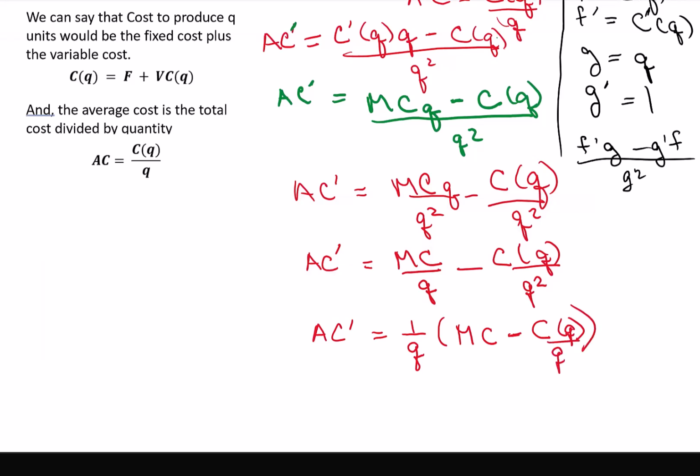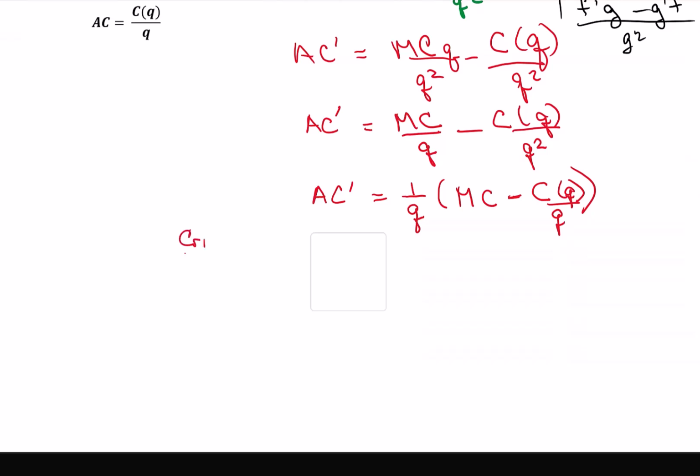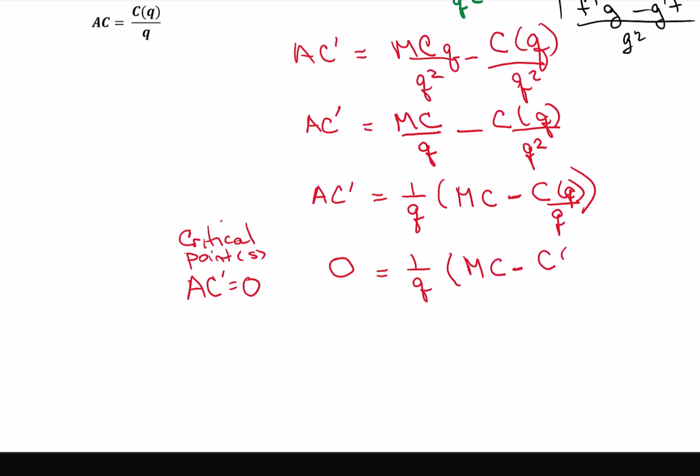And remember, the next thing we have to do is set it equal to 0, because we're trying to minimize the average cost. To find critical points, I set the derivative of the average cost equal to 0. That equals 1 over Q times marginal cost minus the cost divided by Q. Now I have two functions multiplied together that equals 0.